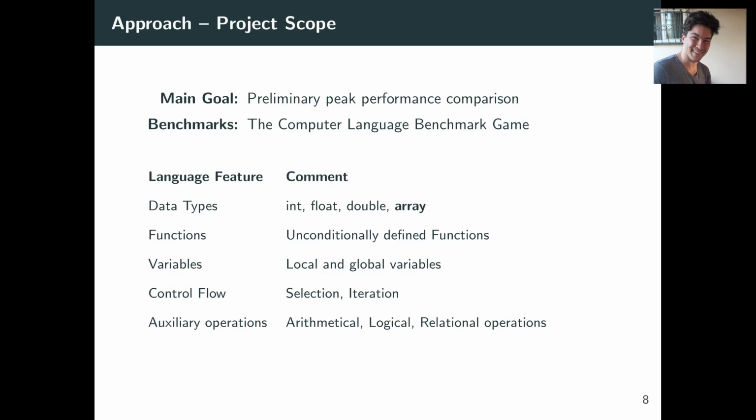We implemented data types, functions and variables, control flow, as well as auxiliary operations, such as arithmetical operations, for instance. And due to time constraints in this presentation, I'd like to zoom into challenges we faced for implementing arrays.